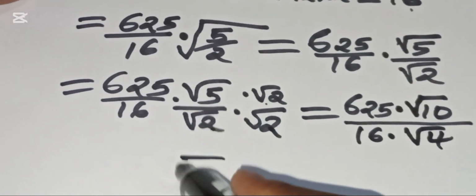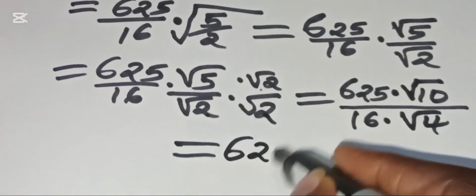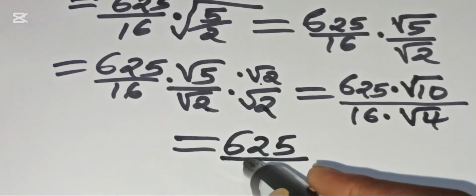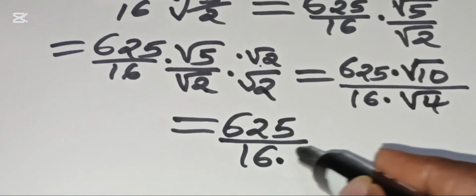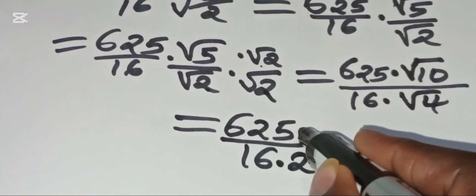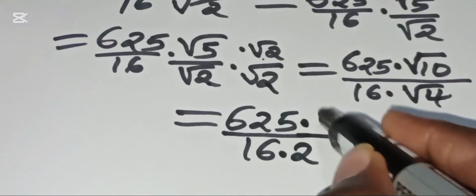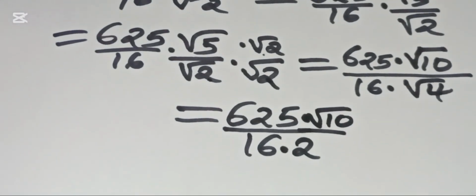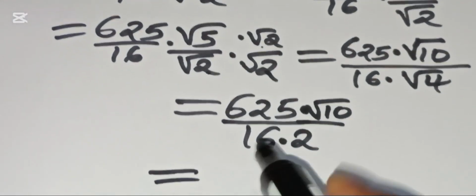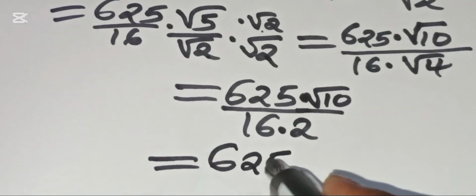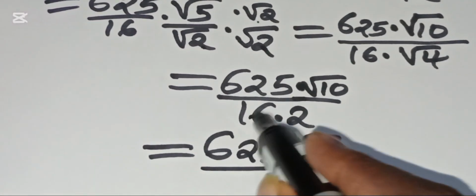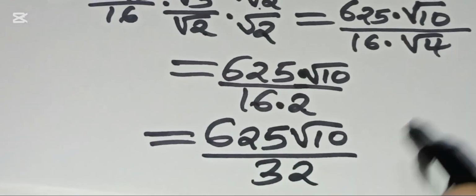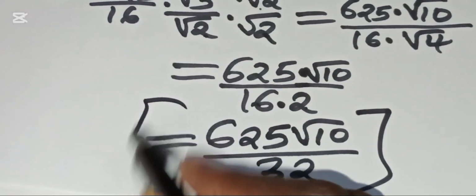This is supposed to give us 625 divided by 16 multiplied by square root of 4, which is 2, and the numerator will have square root of 10. So now we are going to have 625 square root of 10 divided by 16 times 2, which is 32. Okay, so this is the first method.